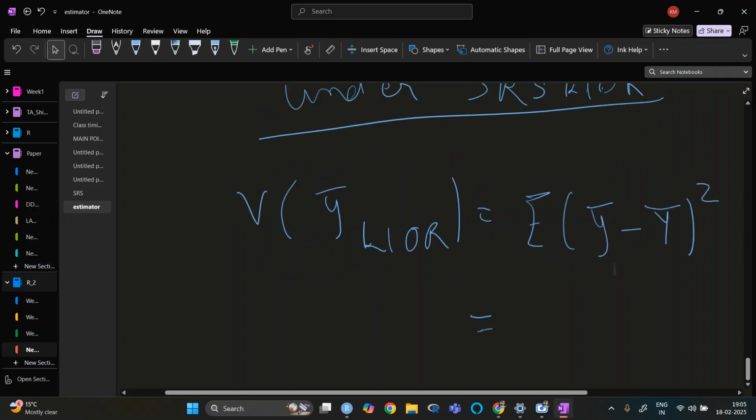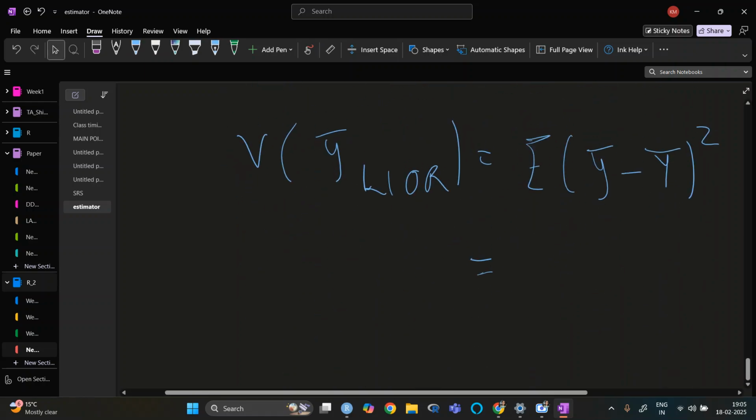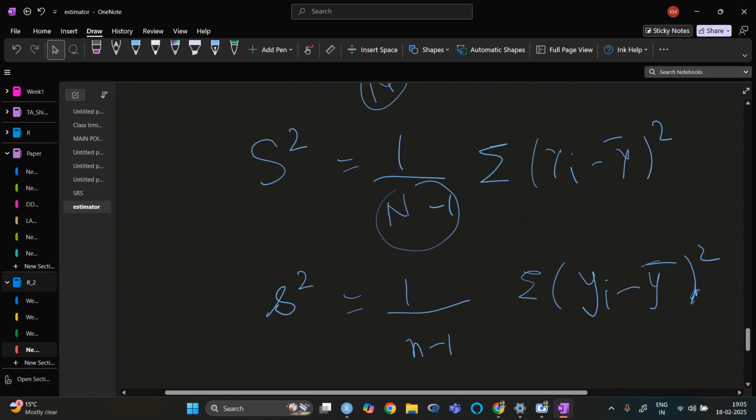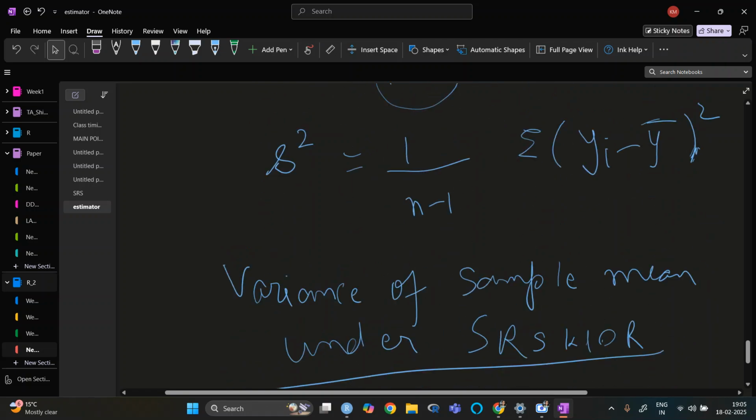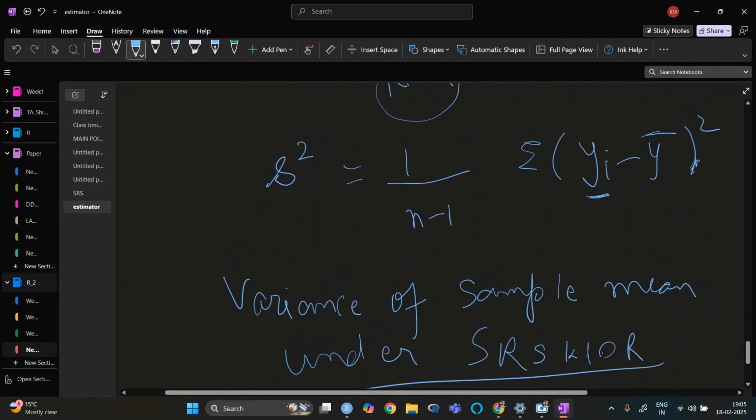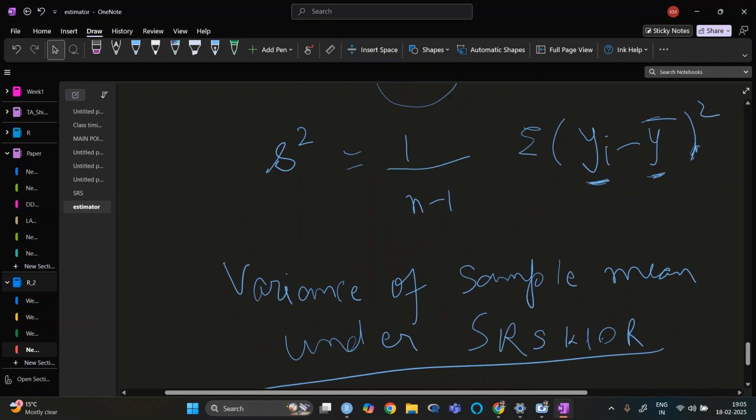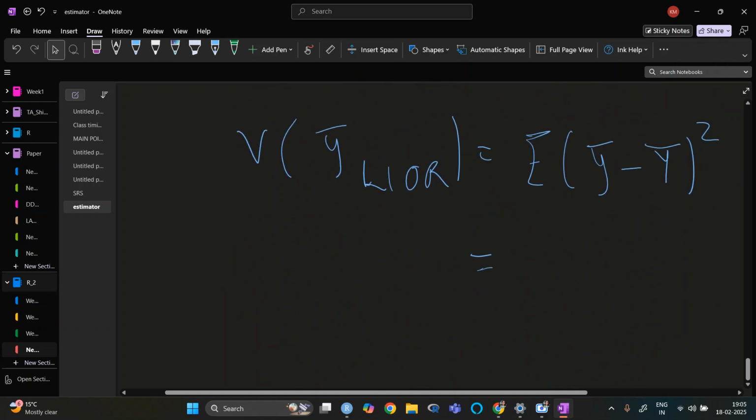Here I'm writing yi, which is basically the units, and y bar is basically the mean. So the units and the mean of it are written over here. We are taking the sample mean y bar.